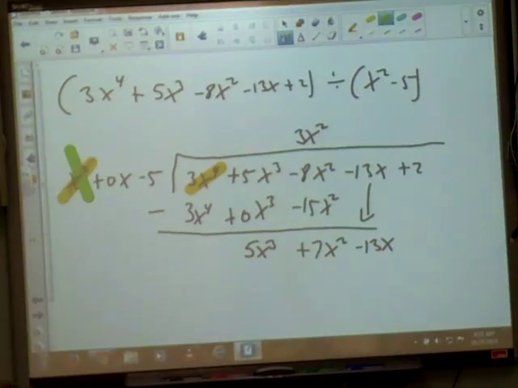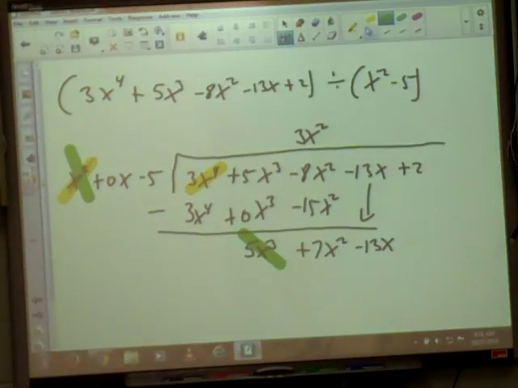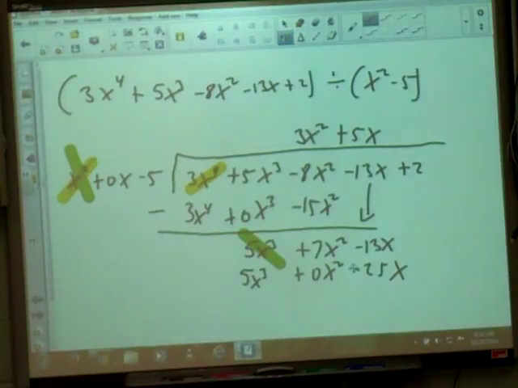X squared times what gets me 5x cubed? 5x. That's correct. So I'll distribute 5x to all 3 of those pieces. I got 5x cubed, 0x squared, minus 25x.